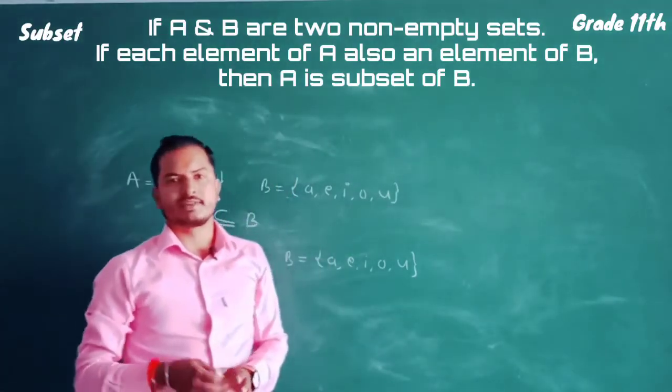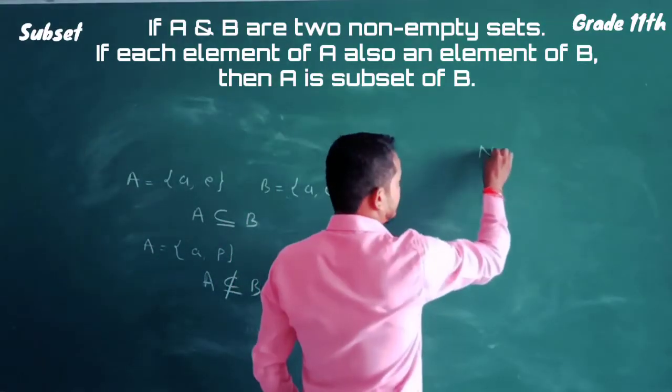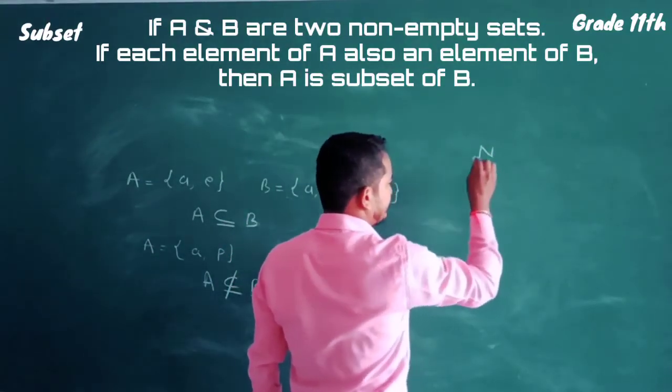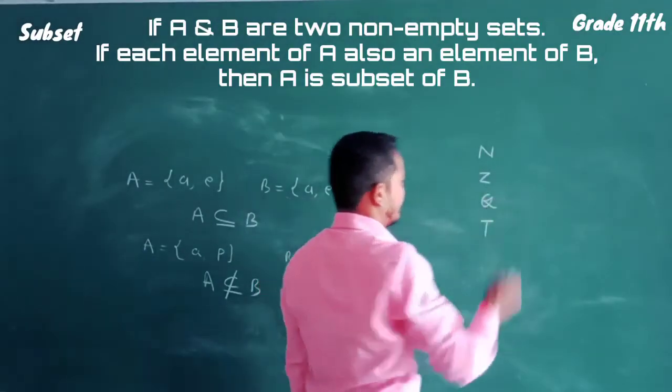Now if you have a brief study about number systems, it means natural numbers, integers, rational numbers, and irrational numbers.